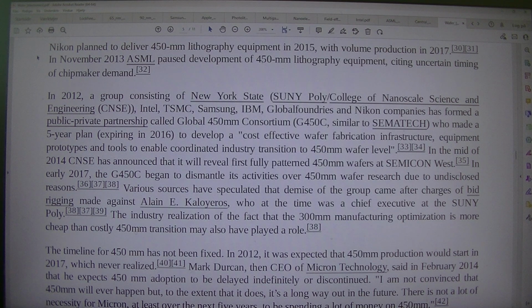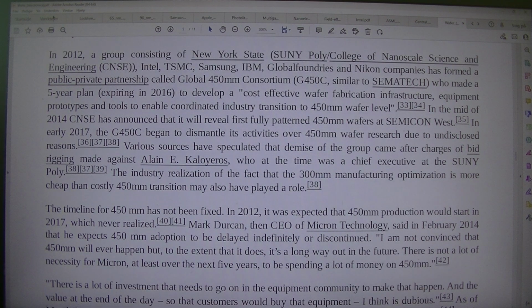In 2012, a group consisting of New York State, SUNY Poly / College of Nanoscale Science and Engineering, CNSE, Intel, TSMC, Samsung, IBM, GlobalFoundries and Nikon formed a public-private partnership called the Global 450 mm Consortium, G450C, similar to Sematech, who made a 5-year plan, expiring in 2016, to develop a cost-effective wafer fabrication infrastructure, equipment prototypes and tools to enable coordinated industry transition to 450 mm wafer level.